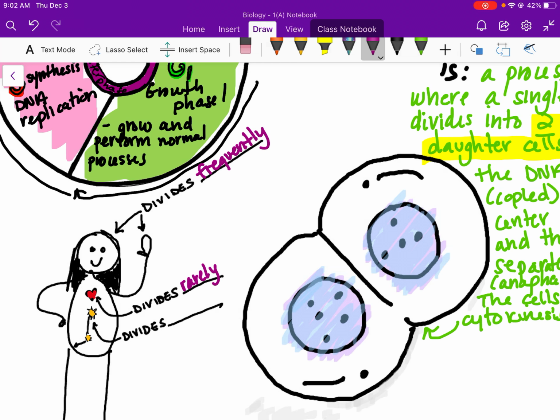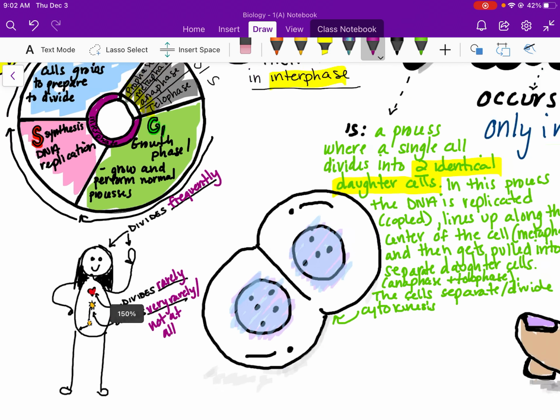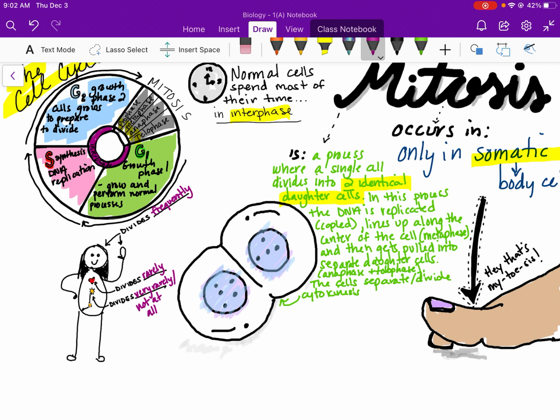And then the nerve cells divide very rarely to not at all. So these are important to think about how our body is impacted by the things we do. So I'm going to identify these as identical. Okay, and that's mitosis.